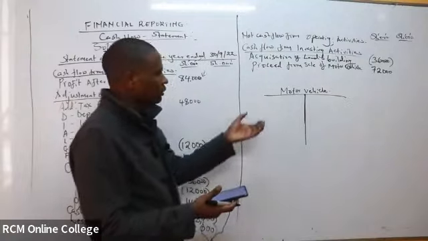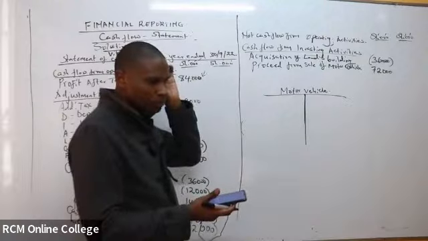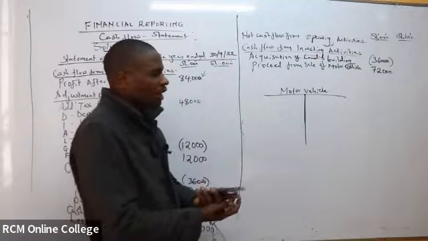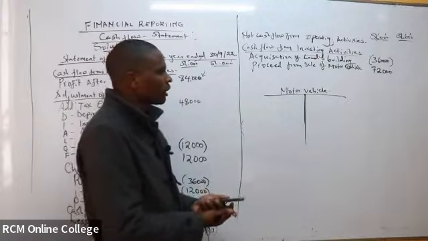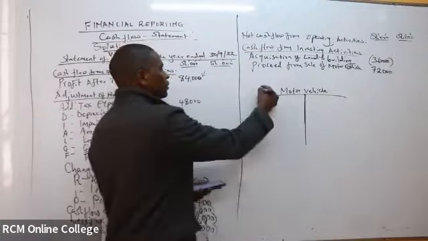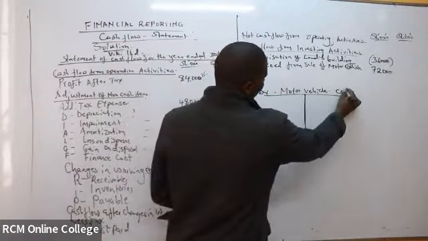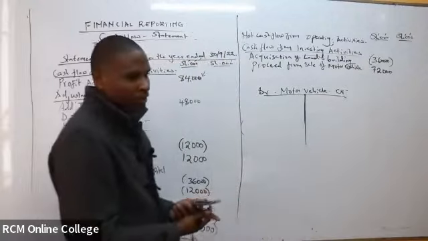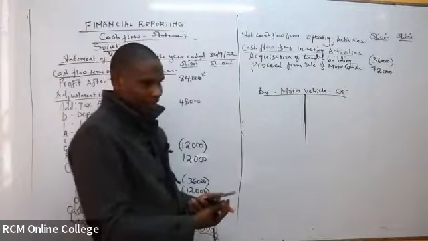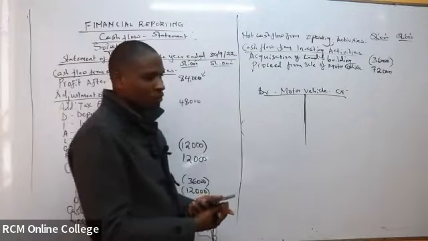Now, class, I want you to do something. Can you come up with this account and determine the depreciation of a motor vehicle? Of course, this debit, this credit, this debit, this credit, and get the depreciation of motor vehicle.